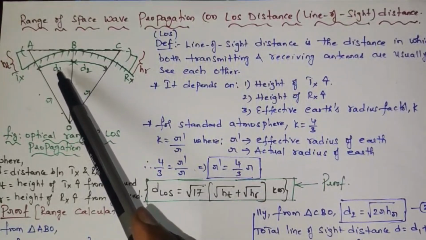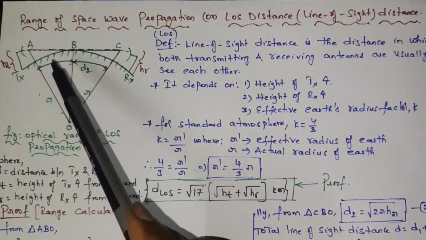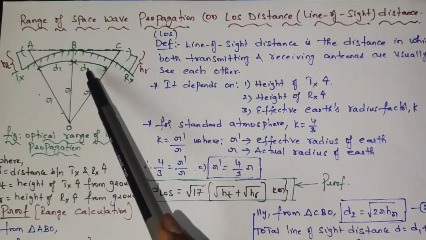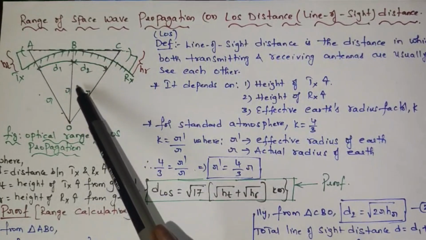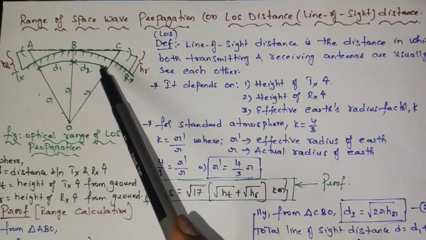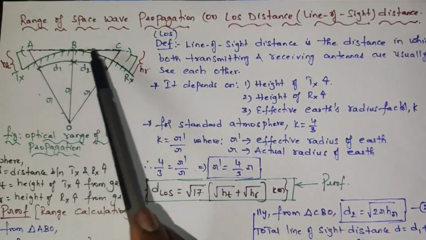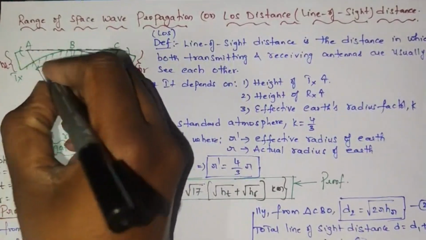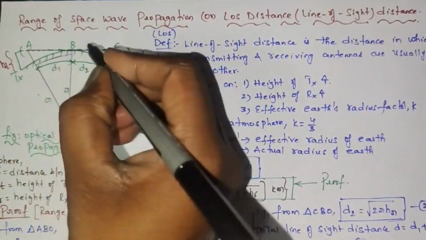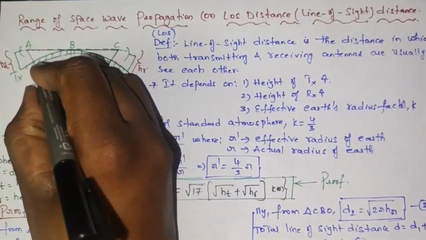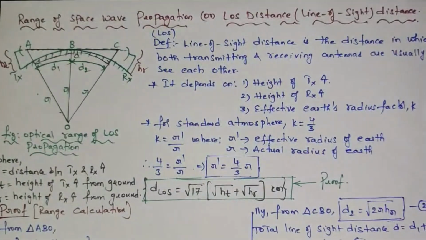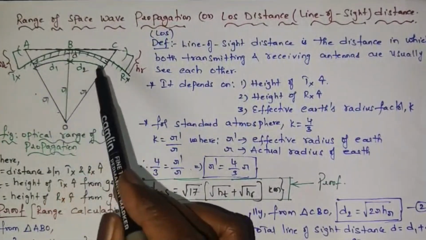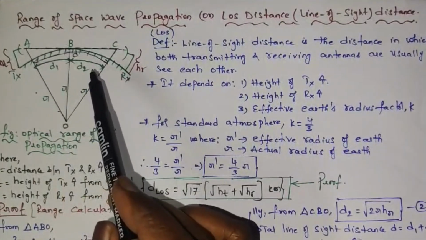Here d1 is the range or distance of the transmitting antenna. d2 is the distance or range of the receiving antenna.